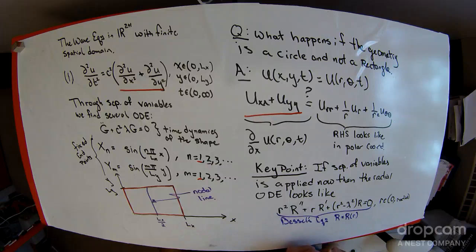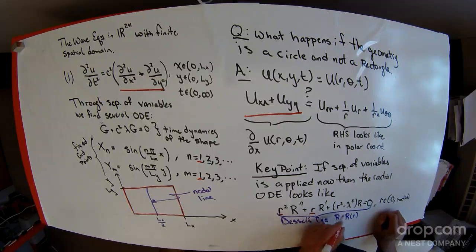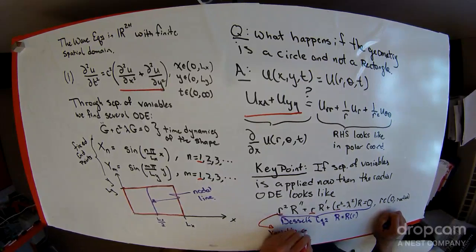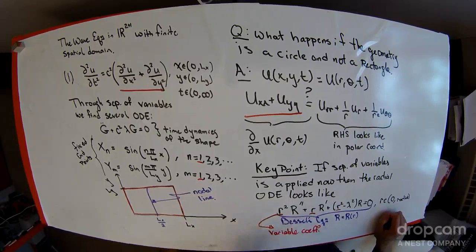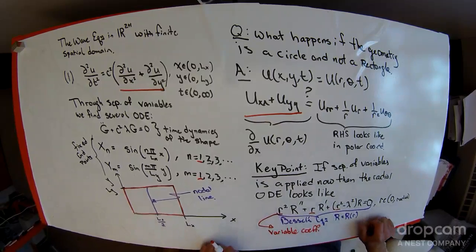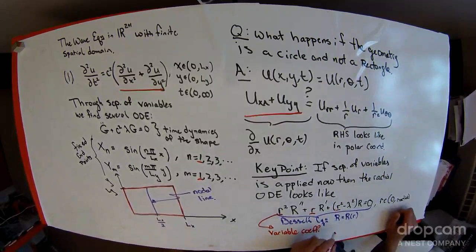What you might notice about Bessel's equation here is that these are variable coefficients, and since they are variable coefficients, exponential guessing will not work.